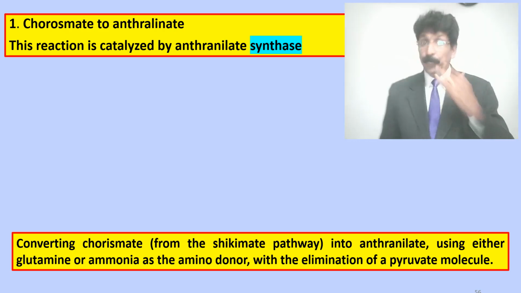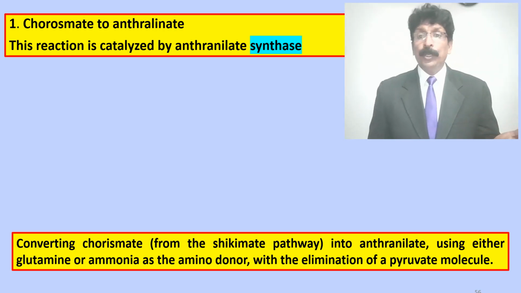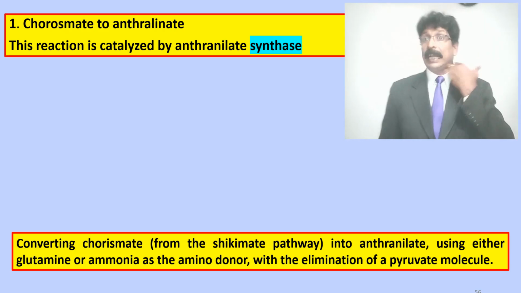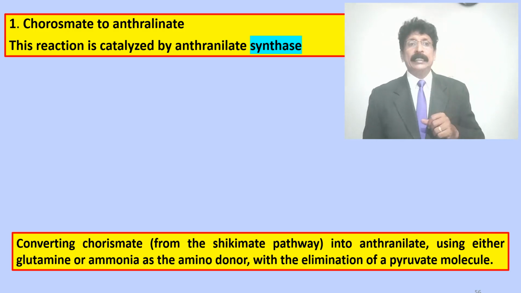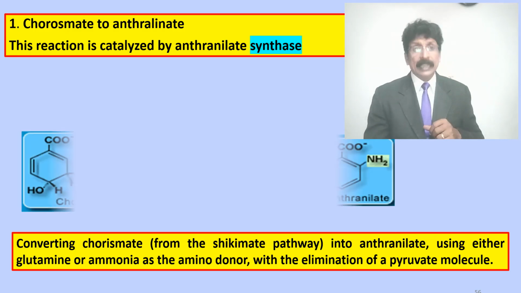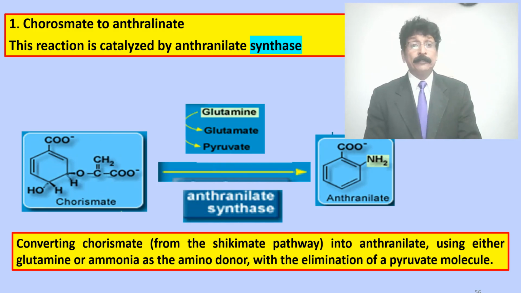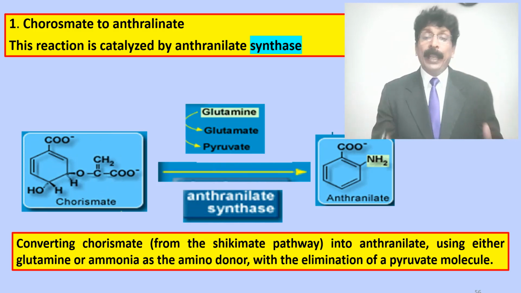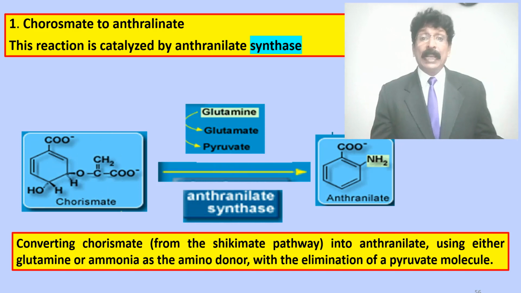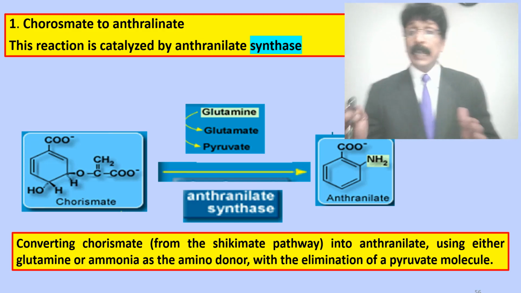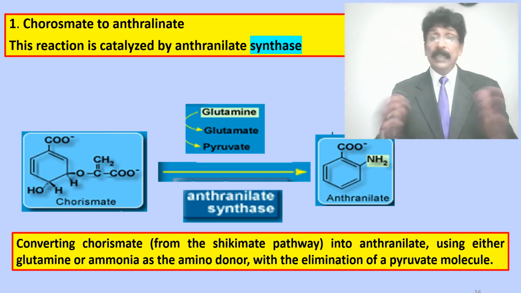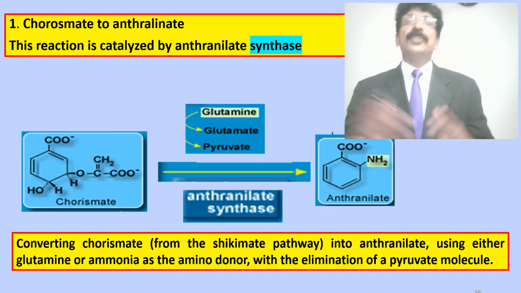You need an amino group and elimination of a pyruvic acid molecule from the chorismic acid. So you see the structure, we know the chorismic acid structure, chorismate. Here glutamine, and removal of pyruvic acid in the presence of anthranilate synthetase, you are getting this anthranilic acid. A benzene with an NH2 group and a COO group.